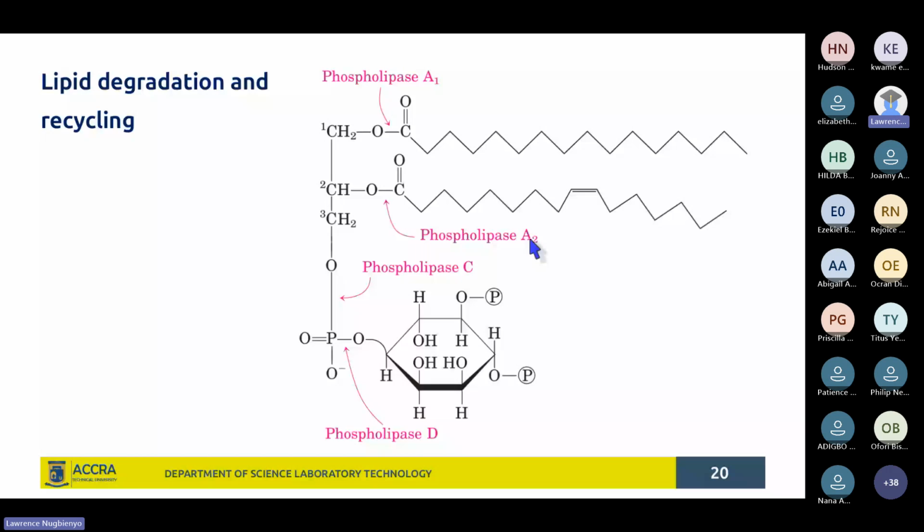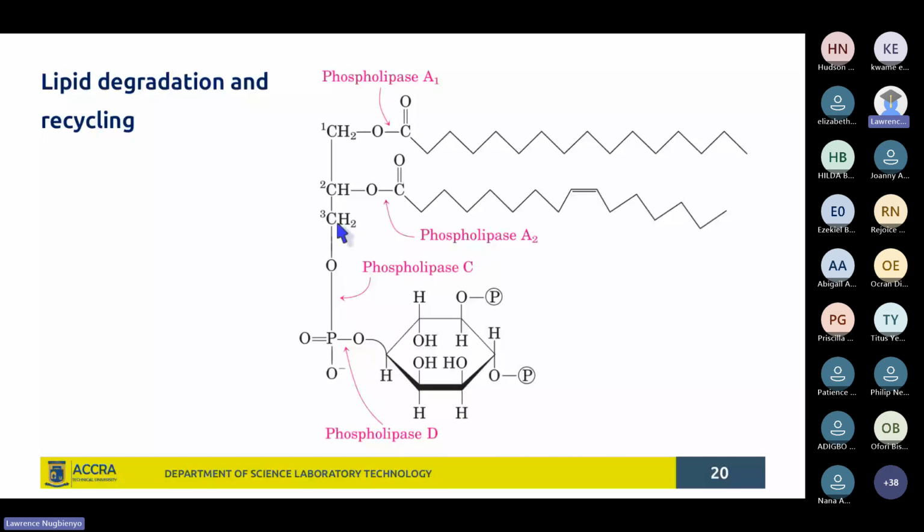These are enzymes involved in the breakdown of phospholipids, each breaking specific bonds. Phospholipase C breaks the phosphoester bond between the phosphate group and the glycerol backbone.